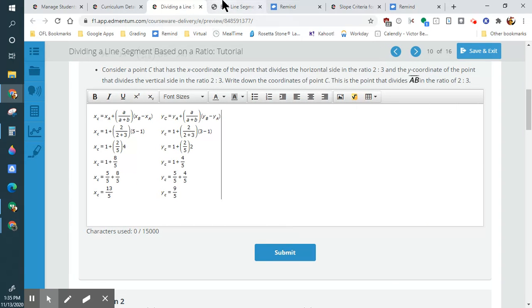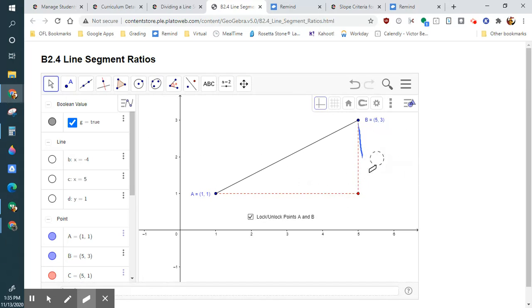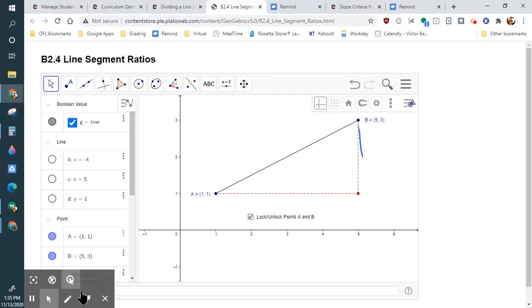So let's see where this point would lie. I said I was going to show you a vertical line and a horizontal line to show you what this represents. So what I'm going to do here is make a line here. I don't think you guys are going to be able to see it because of this. Let me hide my tools for right now.